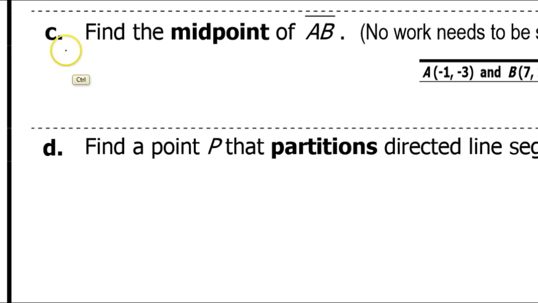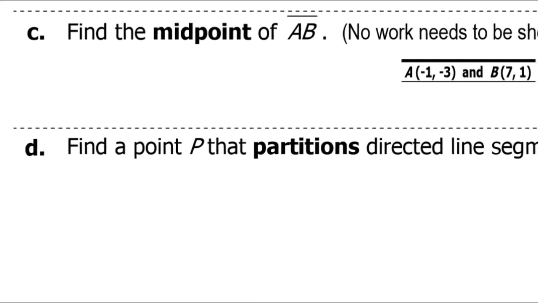Alright, now let's talk midpoint. Whenever I think about midpoint, I think, okay, it's going to be the average of the x's and the average of the y's. So that means x plus x divided by 2. Alright, that's the average of the x's. And it means y plus y divided by 2.